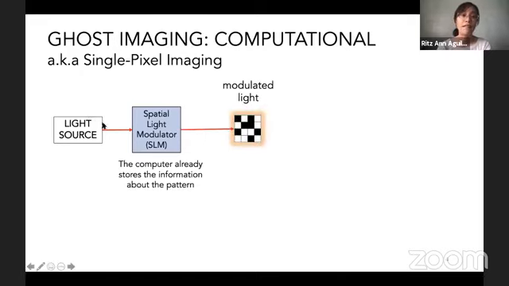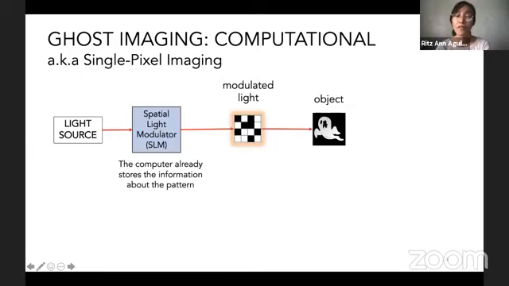Say you have a classical light source here, or even a quantum source, a laser source. So what you do is to pass this light source to your spatial light modulator, and you modulate the light by producing several structured patterns, and you project this onto your object.